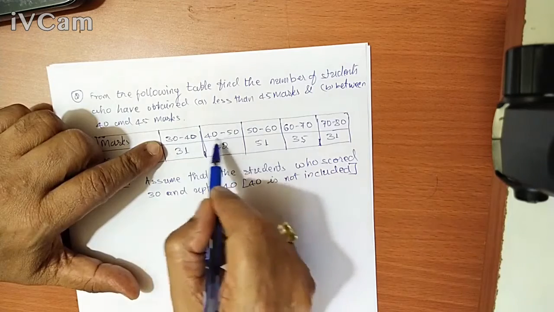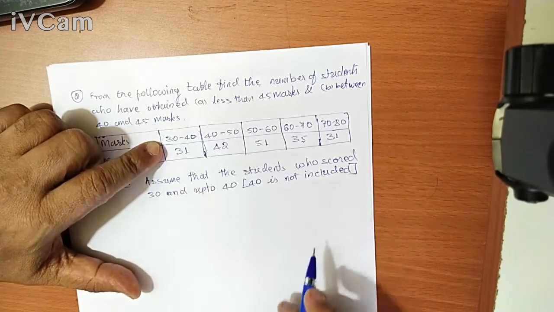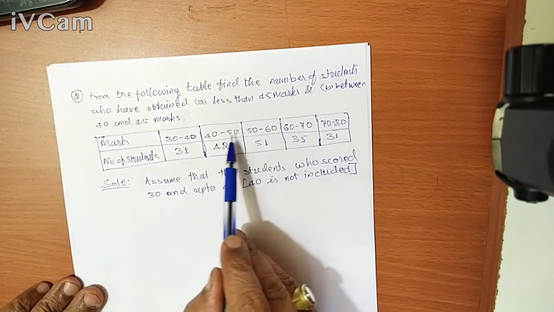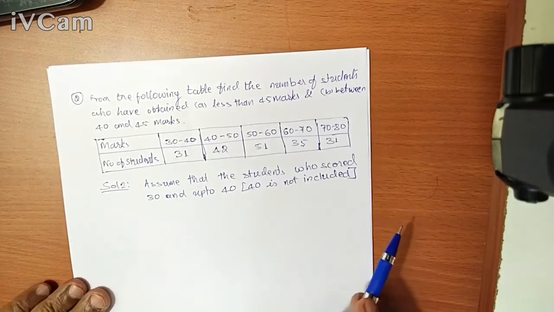If it is 40, it comes to the next group. I'll assume in that way.